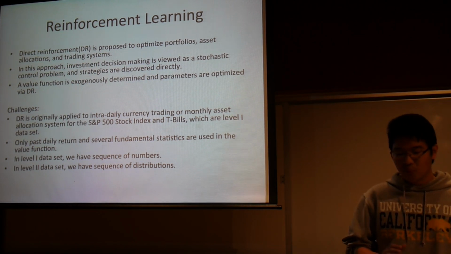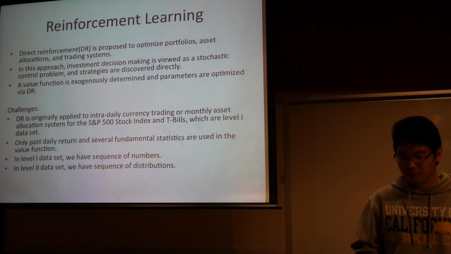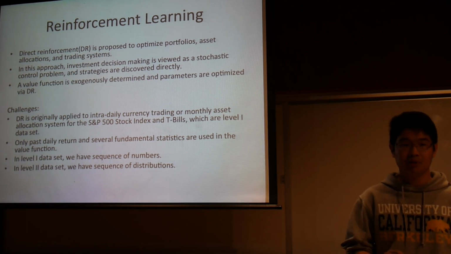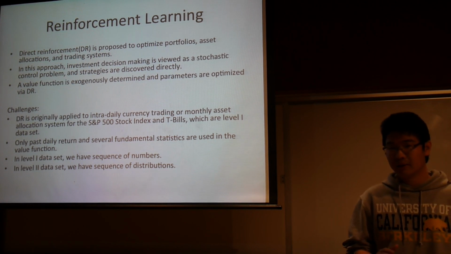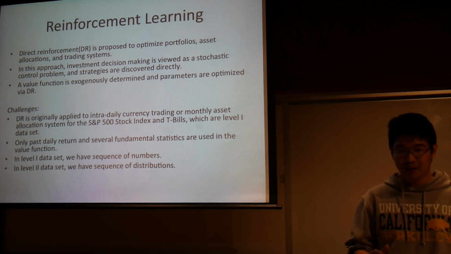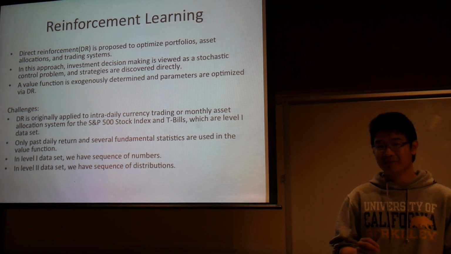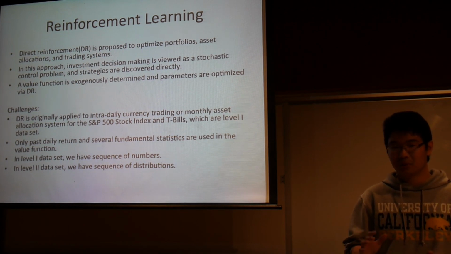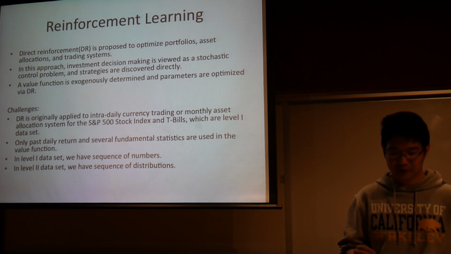One of the important features of direct learning is that the input variables are explicitly given. So basically, you need to identify what variable you're going to use as your states, or as your input.